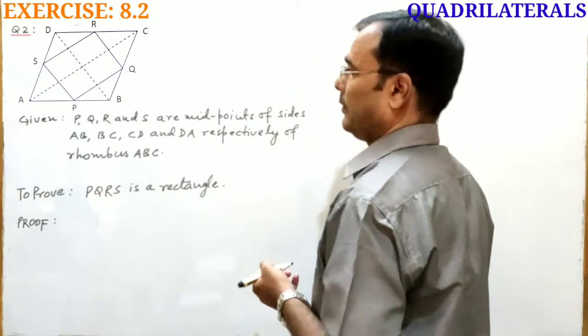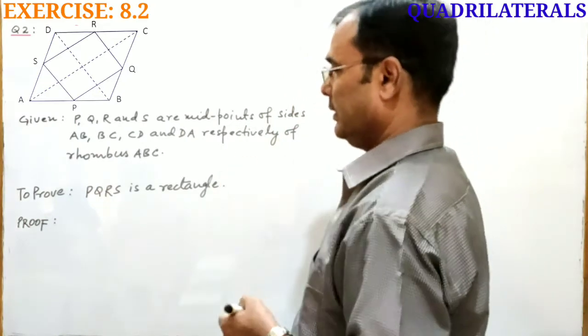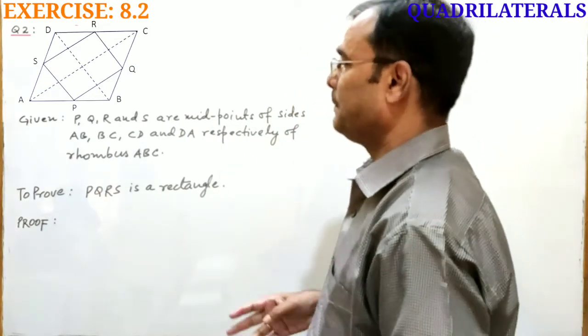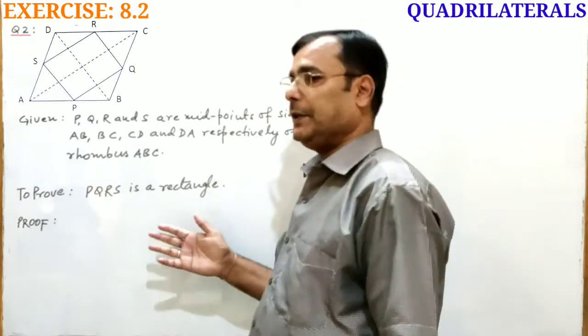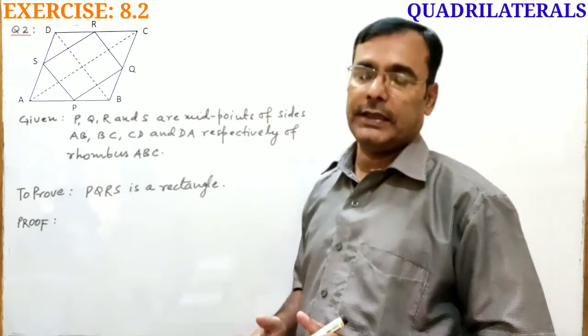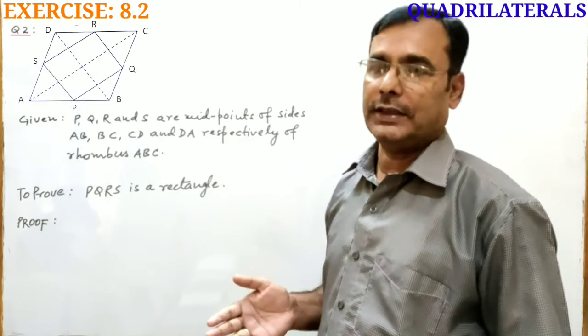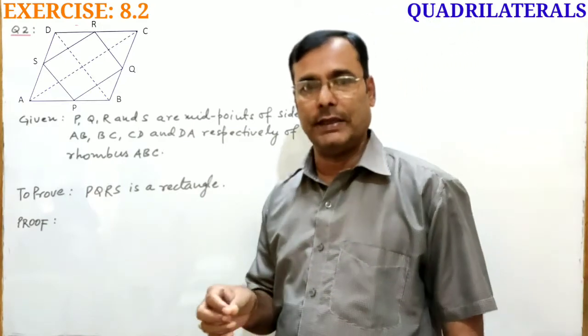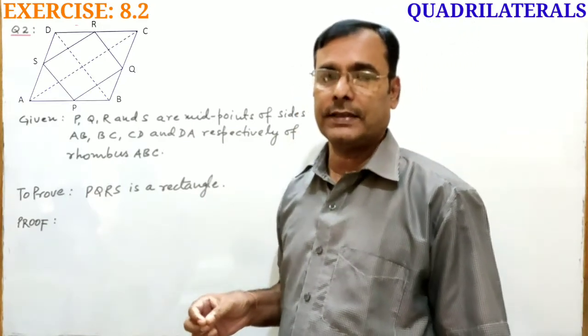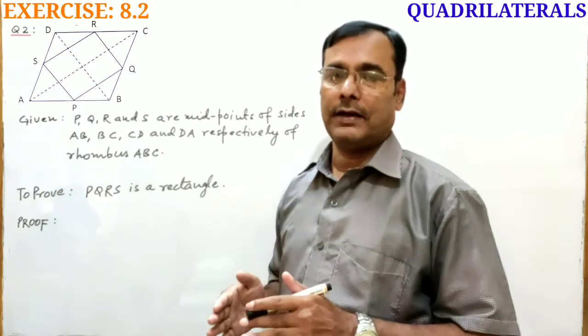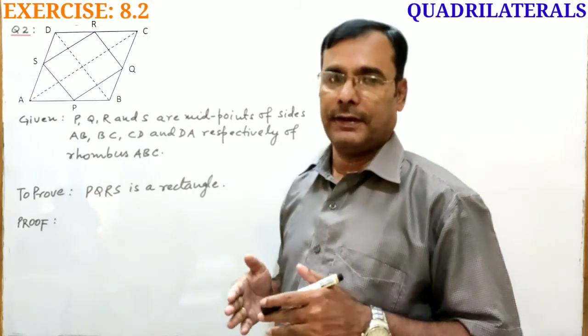Proof. Here also we are going to apply midpoint theorem. Midpoint theorem can be applied in a triangle, and midpoint theorem states that line segment joining midpoints of two sides is parallel to the third side and half of it.